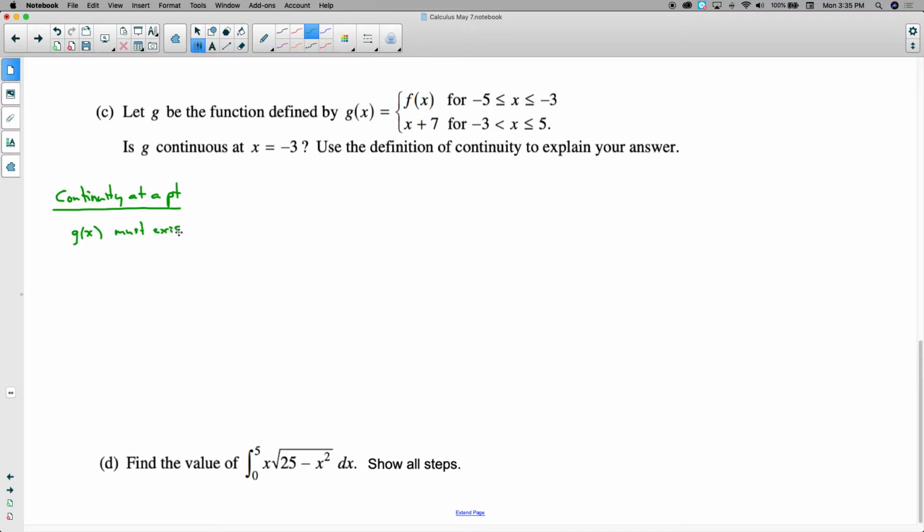So in this case, there needs to be a g at -3. Also, the limit as we approach -3 on the function must exist.